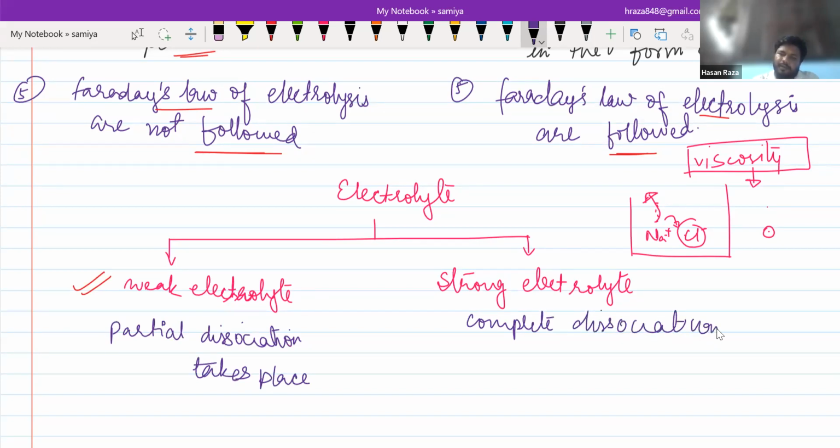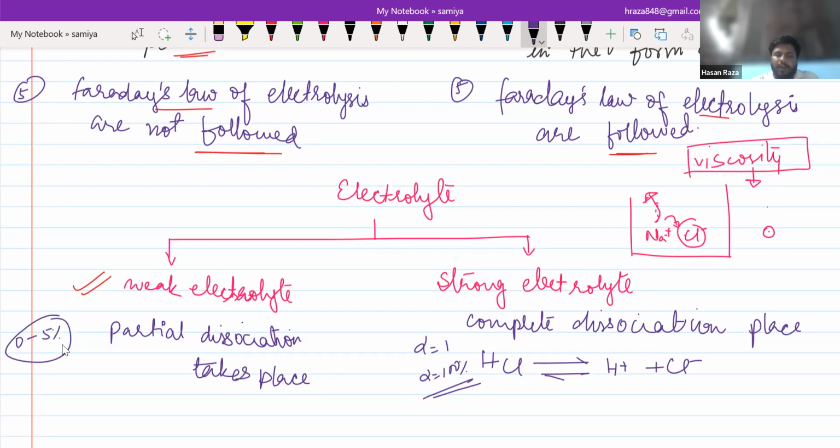Just like you can take an example of HCl, and HCl will be converted into 100% H+ and Cl-. Alpha is equal to 1 or alpha is equal to 100%. But in a weak electrolyte, it is 0 to 5% max, or you can say 10% partial dissociation.